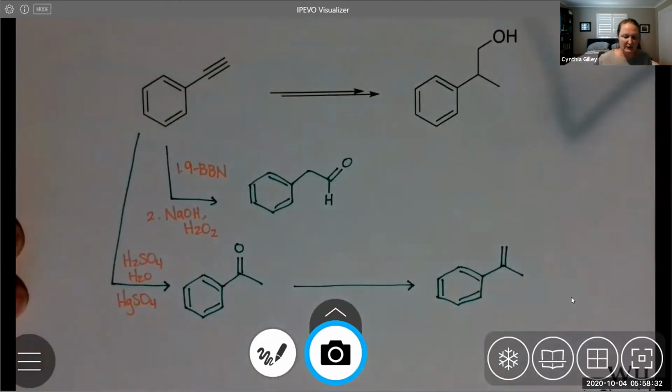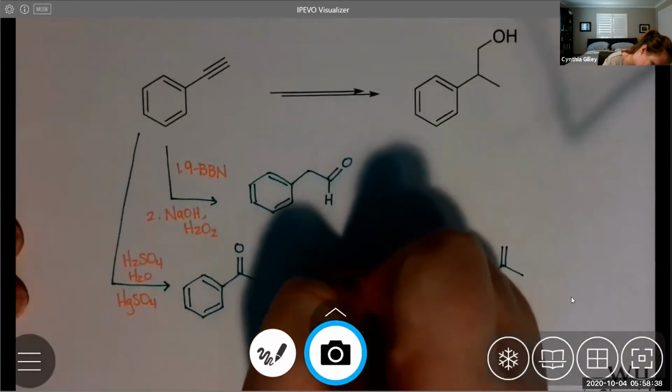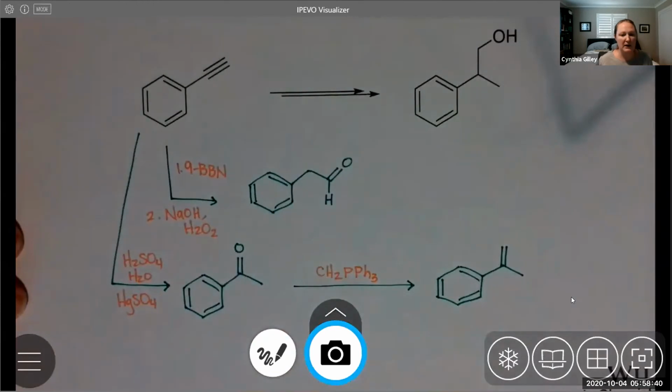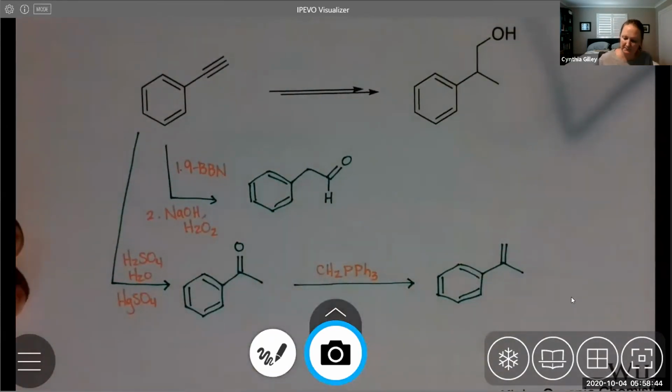Right? I can certainly do this Wittig reaction. I need an ylide to do that, right? So I'm just going to use the very common ylide with just a CH2 group attached to the triphenyl phosphine.